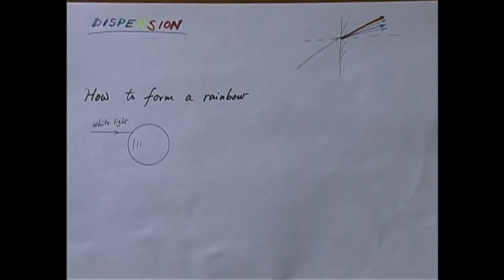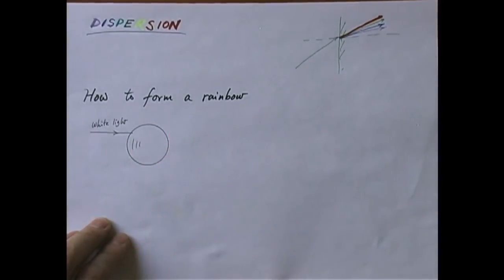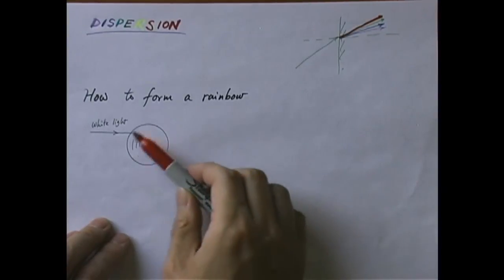Okay, so in the case of a rainbow, you get white light coming in from the sun, right? How do you get a rainbow? You need two things. First of all, you need a light source, which is sunlight, and secondly, you need moisture. It happens, say, after a rain. After rain, the sky is still saturated with moisture, which means tiny droplets of water.